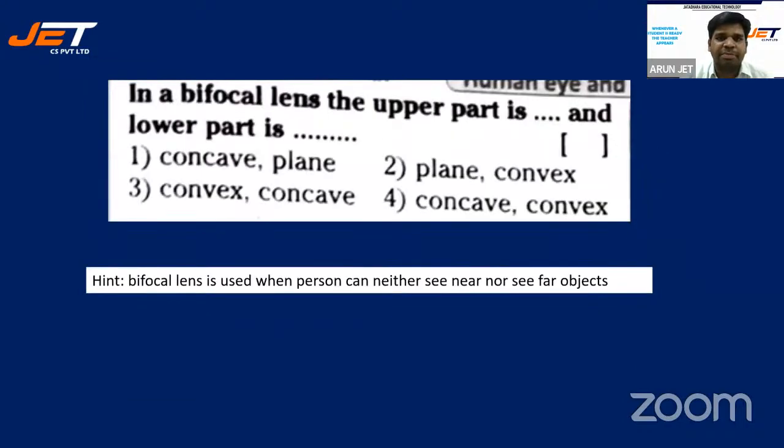In a bifocal lens, the upper part is dash and lower part is dash. Concave, plane, plane, convex, convex, concave, concave, convex. Upper part is concave or convex. Lower part is convex or concave in a bifocal lens.